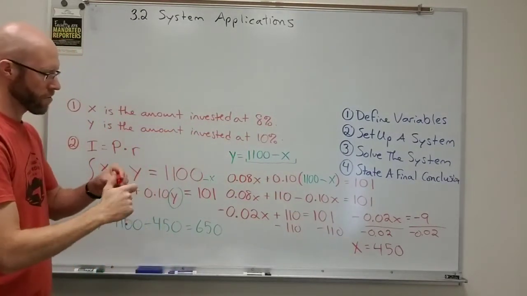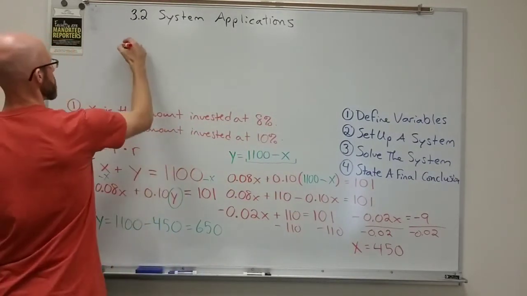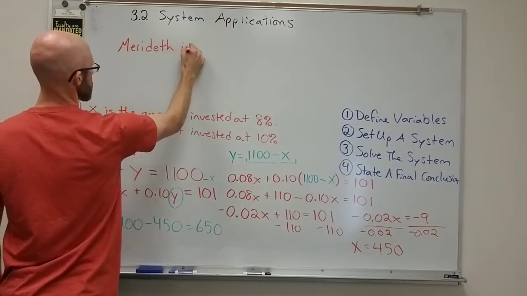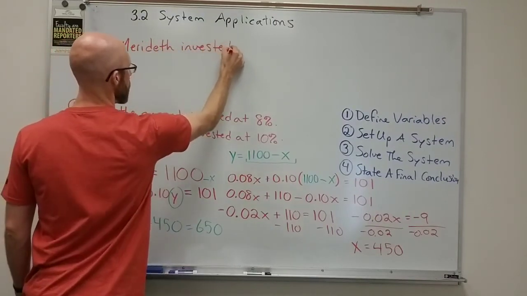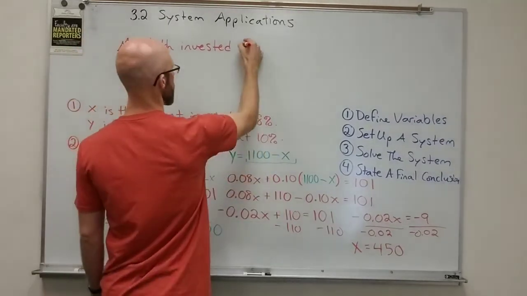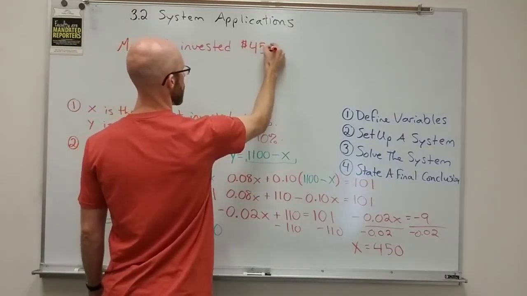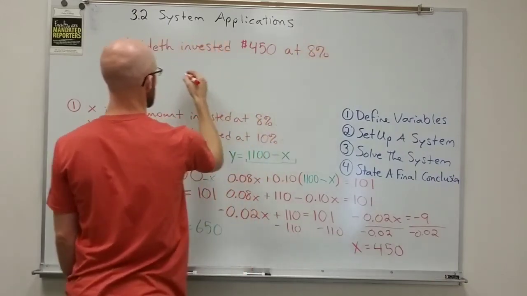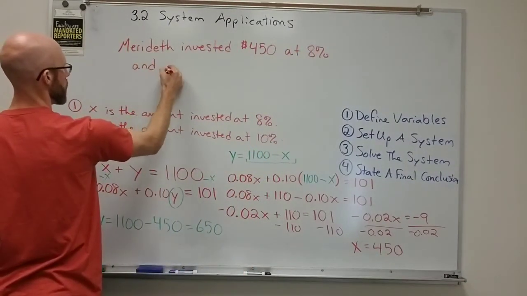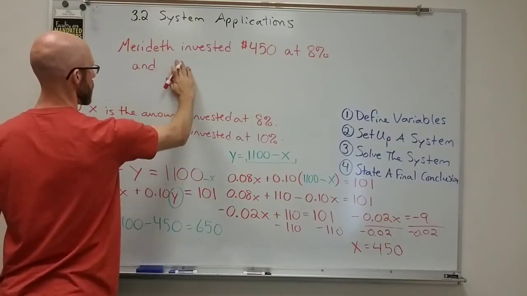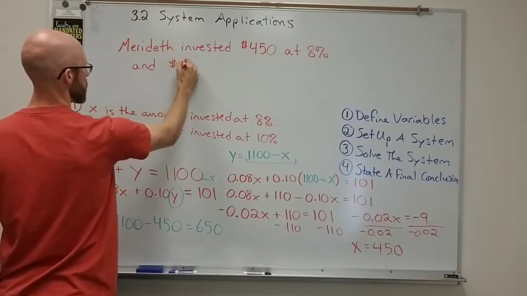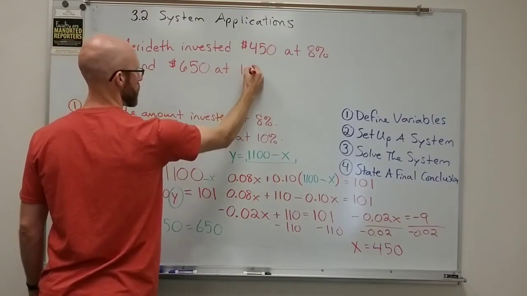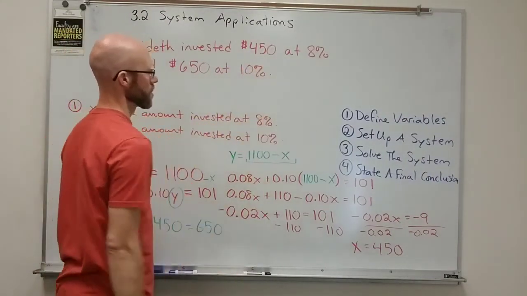And I'm going to state my final answer to say that Meredith invested $450 at 8% and $650 at 10%.